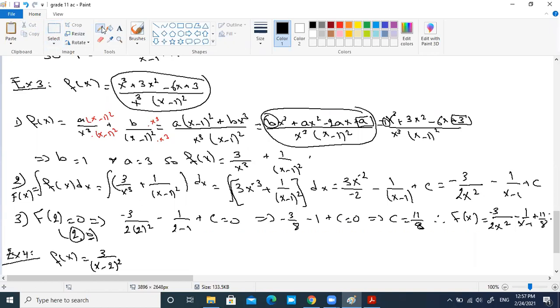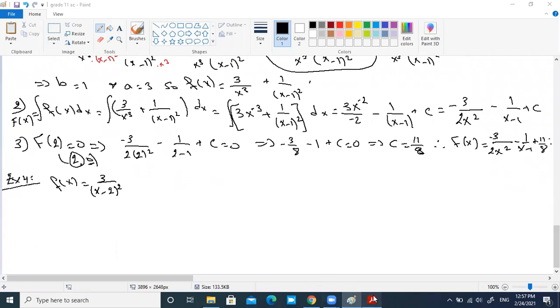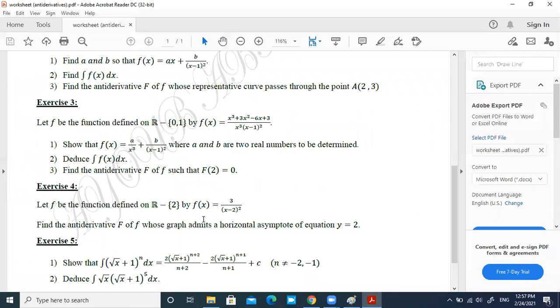So exercise 4. Given this function defined on R except 2, find the antiderivative F of f whose curve admits a horizontal asymptote of equation y equal to. Okay. Step number 1, let me find an antiderivative, the integral.